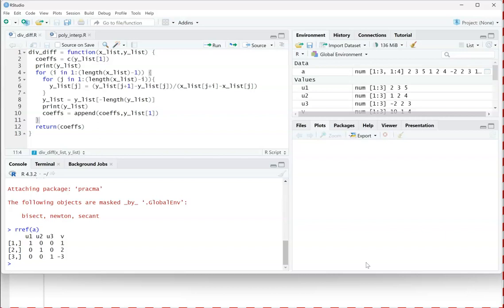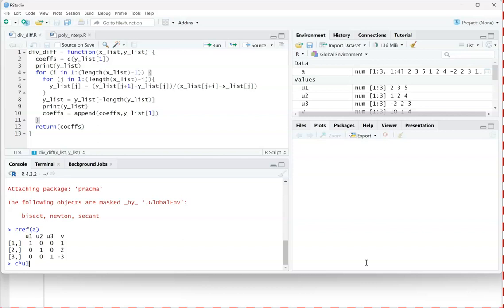All right. So this tells me that we should have C1 is 1, C2 is 2, and C3 is negative 3. Right? So we should be able to check this on R as well.